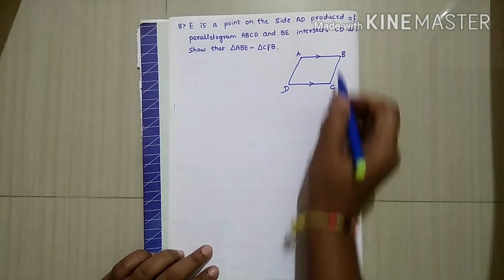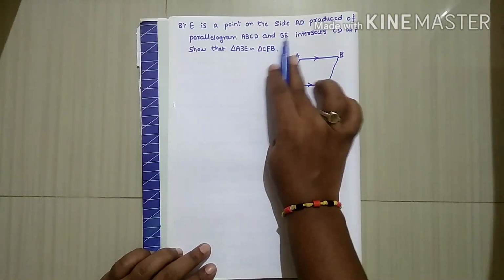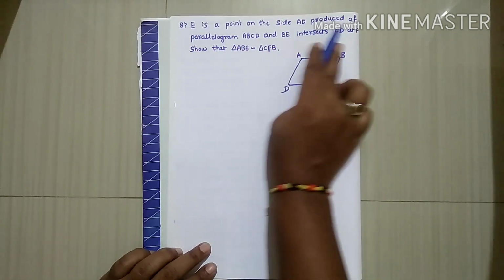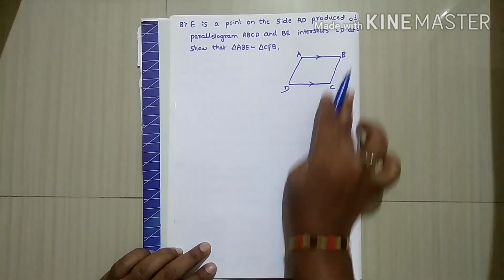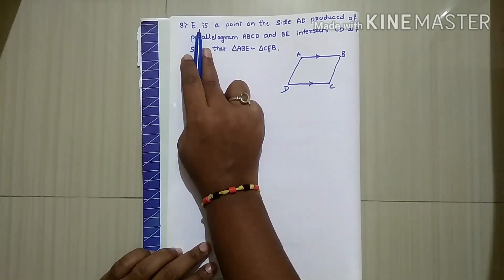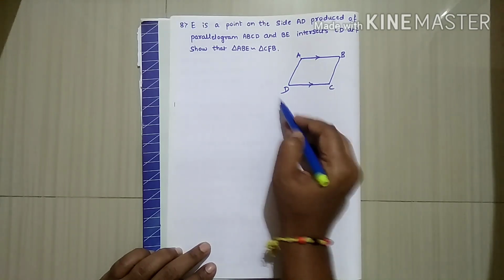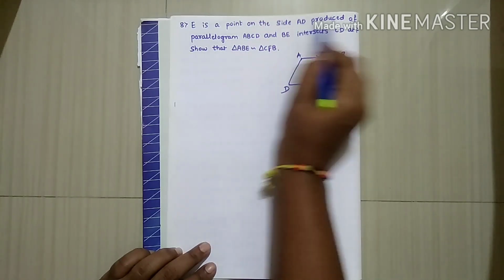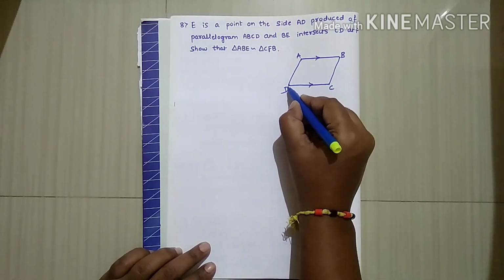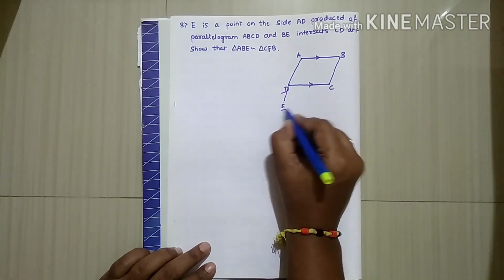See, ABCD is a parallelogram and E is a point on the side AD produced. We draw parallelogram ABCD. One more point E is there. If you produce this AD side, then the point E will come. You have to extend this side like this, means here E is there.